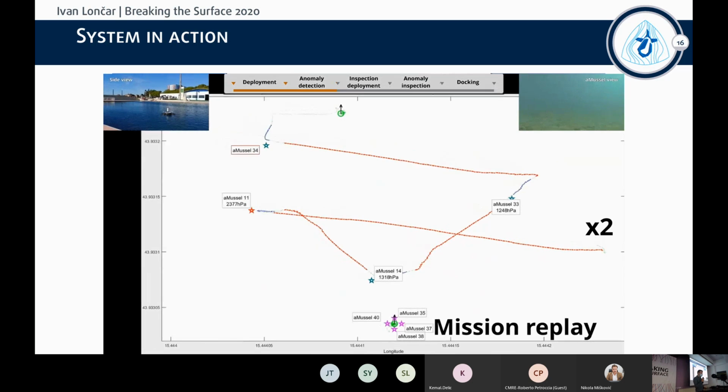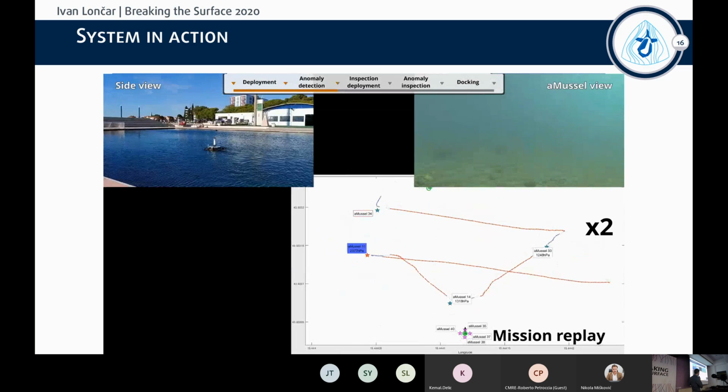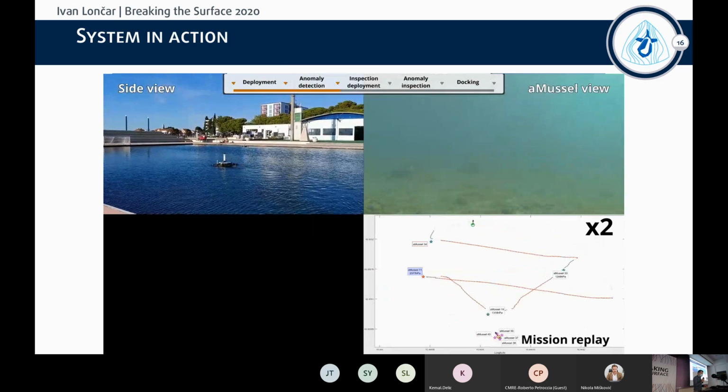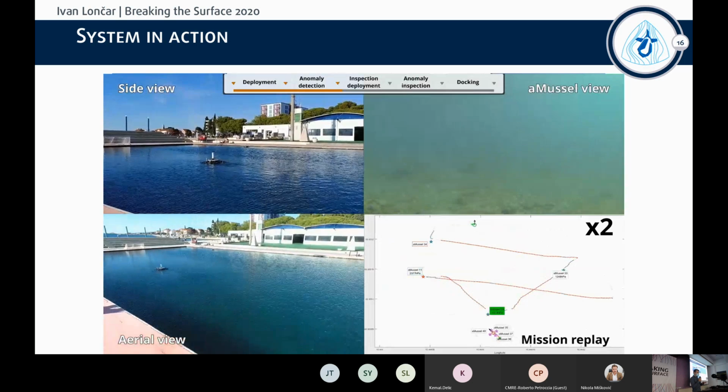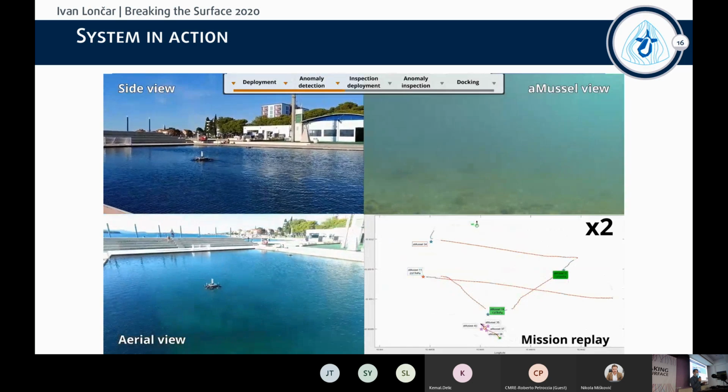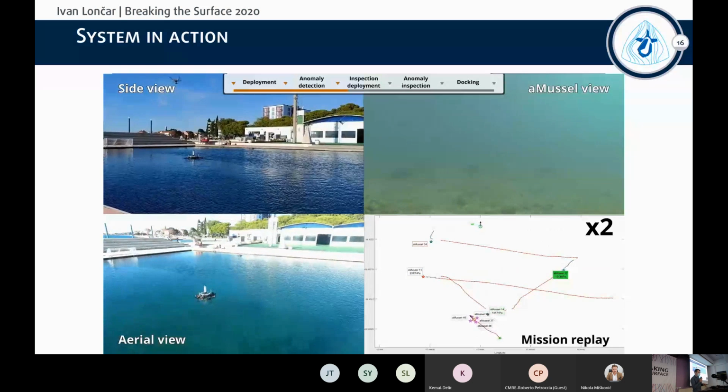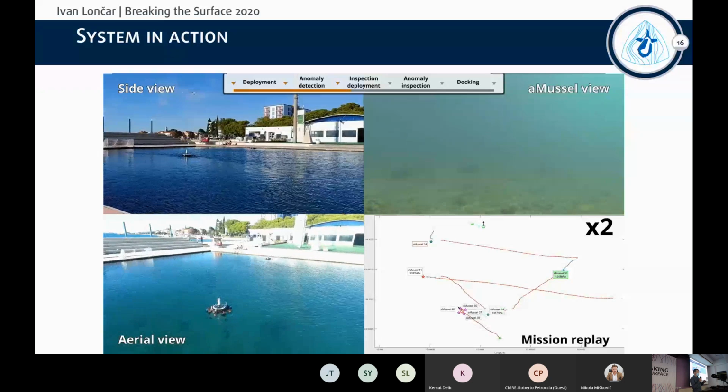No. I didn't go into that much detail, but the surface vehicles are only broadcasting acoustic signals, and underwater agents are storing them with a local clock.